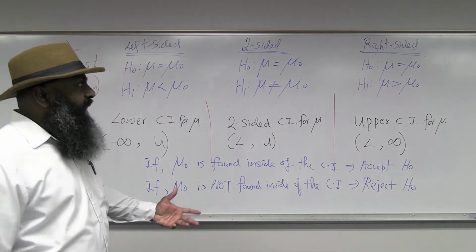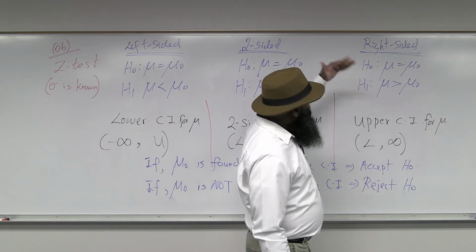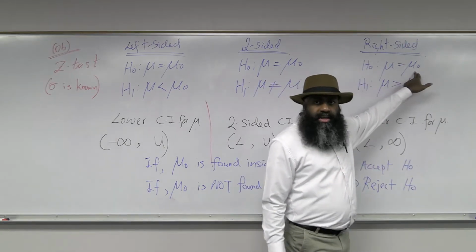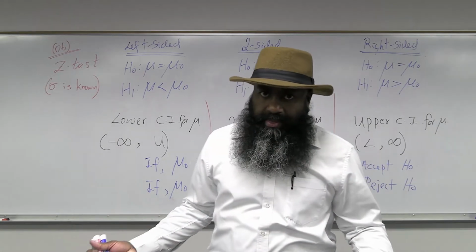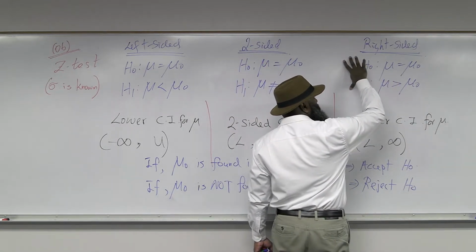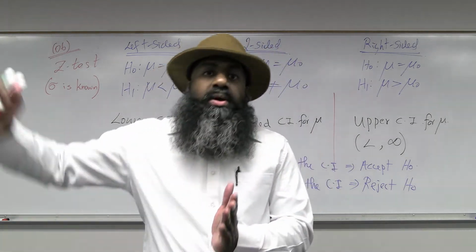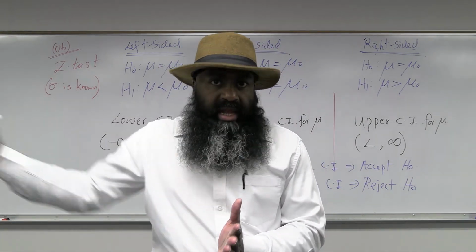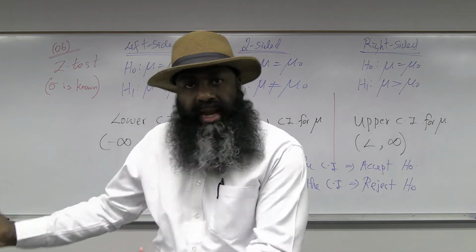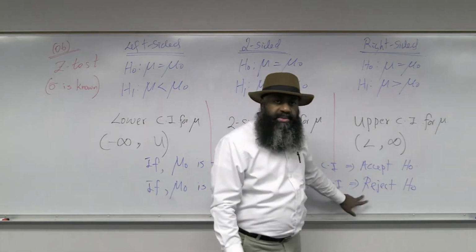Do you need another example for a right-sided alternative? Let's say my mu0 is once again equal to 50. I'm testing a right-sided alternative. If my confidence interval goes from 70 to infinity, then 50 is not found inside of that. In that case also, I will reject my null hypothesis.